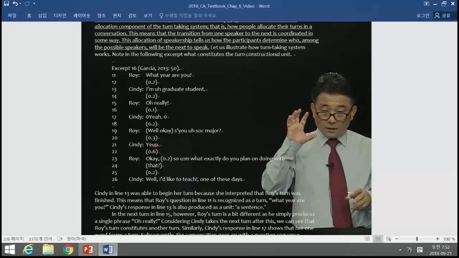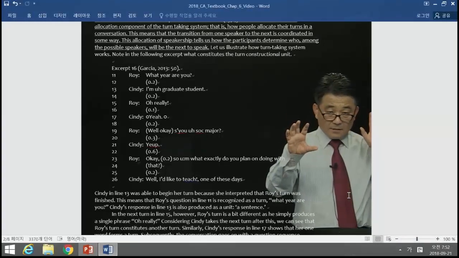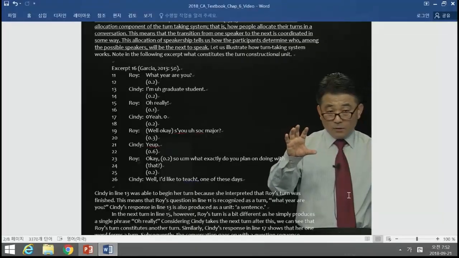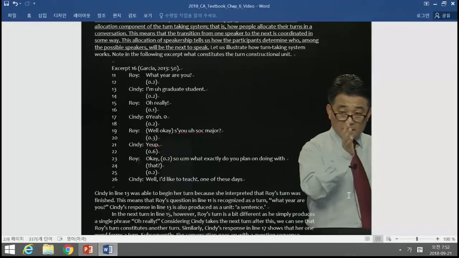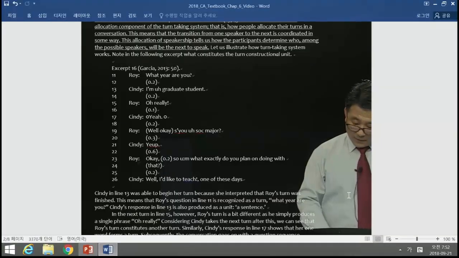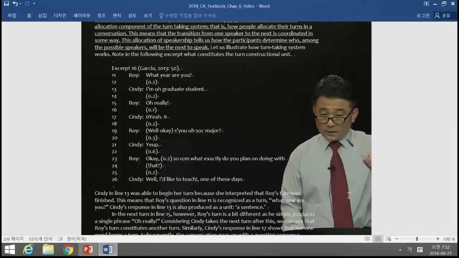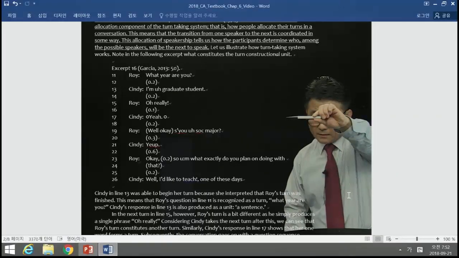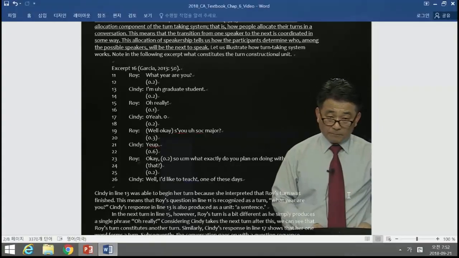If the turn happens to Roy, and then Cindy takes up the next turn, then we say Roy's turn has one component, and Cindy's turn has another component. And if you look at this, there's a one-word component like line 17, but then we have a full sentence in line 23.